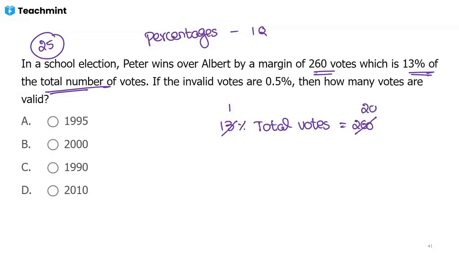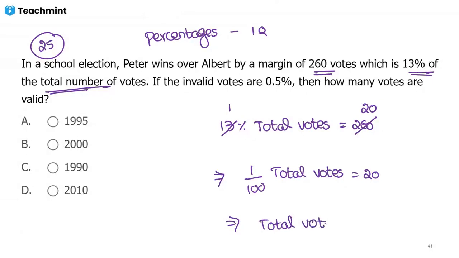So 1% is 20. 1% means 1 divided by 100. So total equals 2000. You have the option 2000, but see the question.